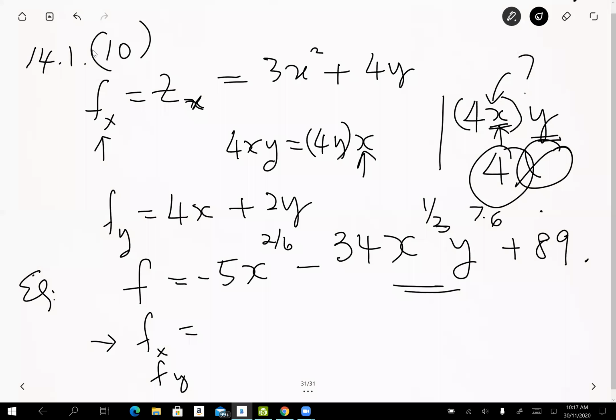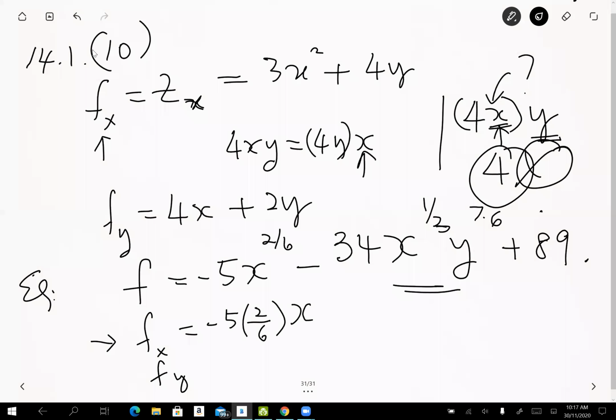What is the derivative of the first term? Negative 5 times 2/6. Don't simplify it, just give me the original terms. Now what about the x?